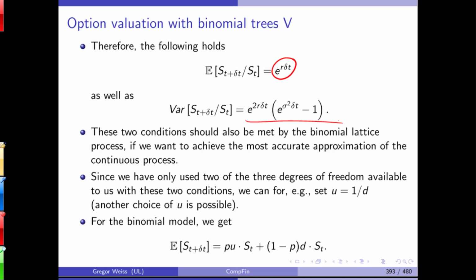And for the binomial model, we then get that the expected value of the stock price after a time Δt has elapsed is p times u times S_t plus (1 − p) times d times the original stock price. It's not a big surprise, it's just the average, the expectation of the future stock price.